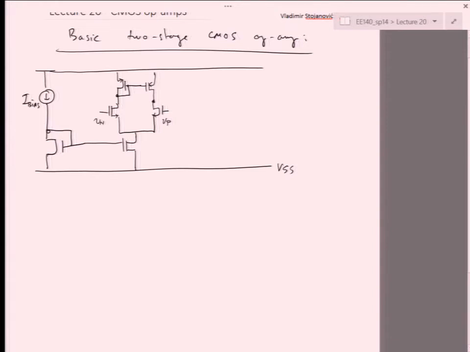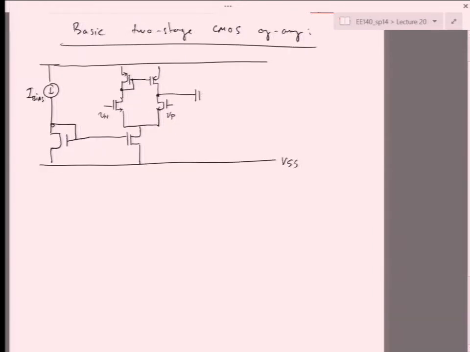From here, we're going to take this output into the second stage.